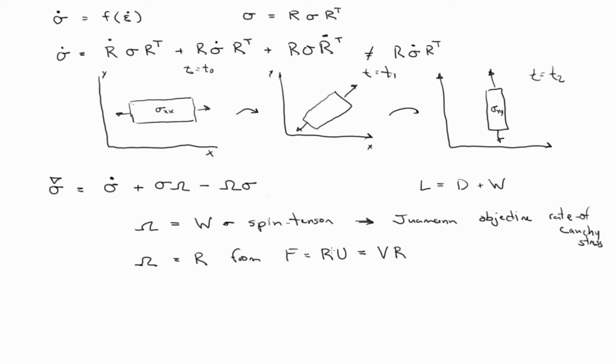So if we choose R, we can do this polar decomposition and find R. And then if we use R as a rotation there, this becomes the so-called Green-Nagdi rate of Cauchy stress. Sometimes this is also known as the co-rotational rate of Cauchy stress.